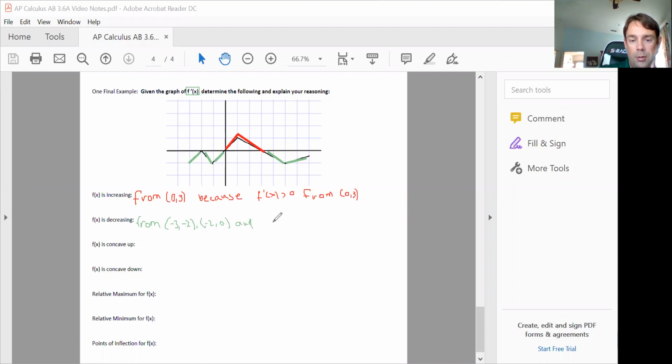And 3 to, what's that? 3, 4, 5, 6, 7. 3 to 7, because f prime of x is less than 0 from those values.